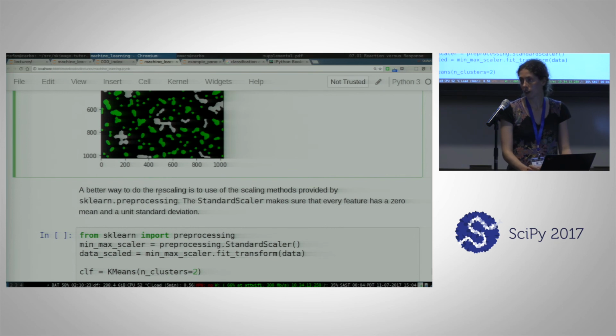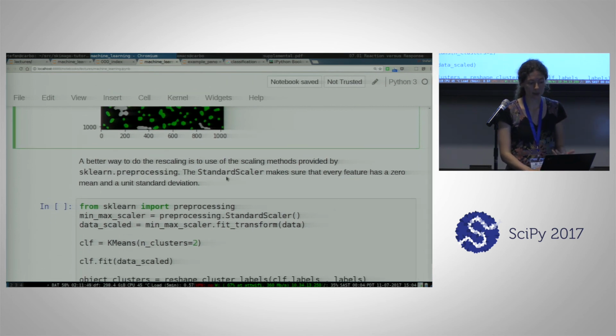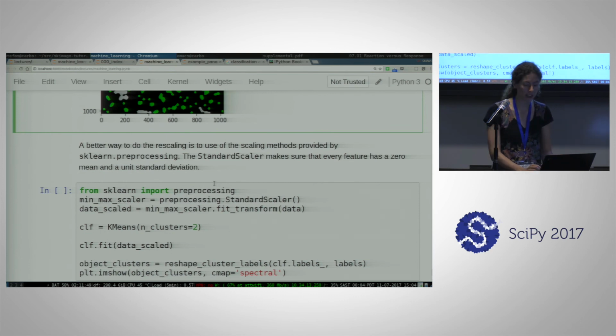Scikit-learn also provides very nice methods to scale your different features so that they all have the same variance and the same mean. And this is this standard scaler object from the preprocessing module of scikit-learn.